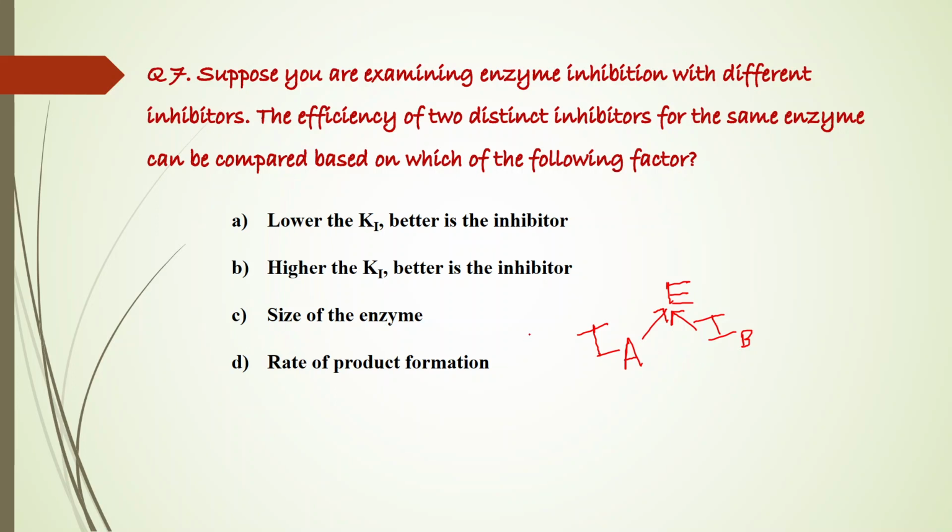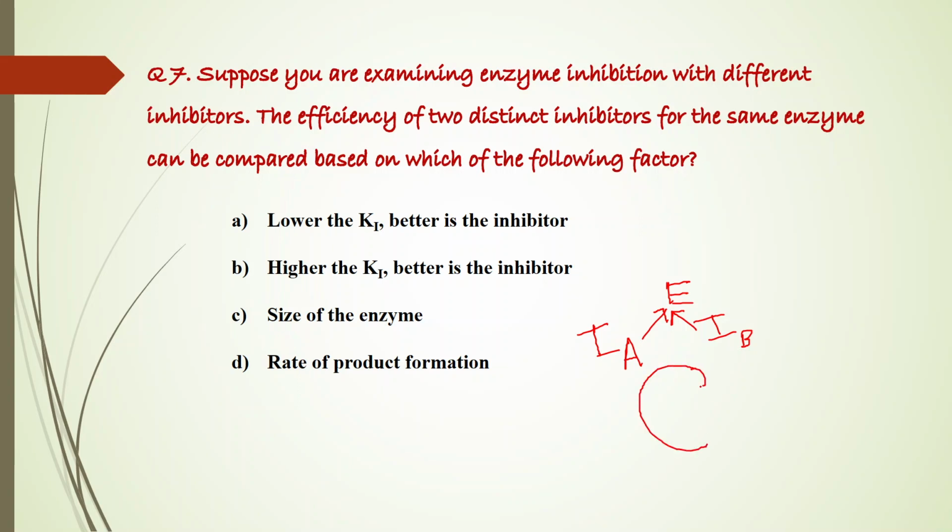What should be there? There are four options: size of the enzyme, rate of product formation, lowering the Ki value and higher the Ki value. First of all, from the size of the enzyme, we cannot expect much because it actually depends on the catalytic site or orientation of the catalytic site. If it fits in the cavity, it does not matter what the size of the enzyme is.